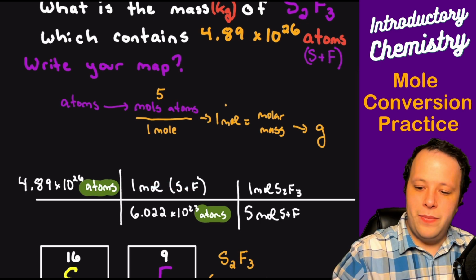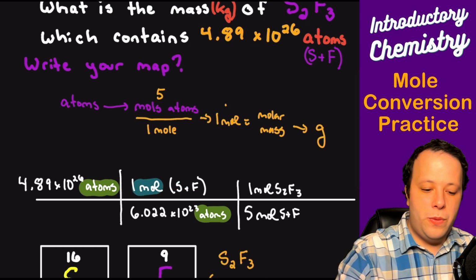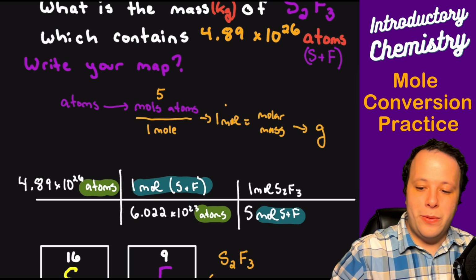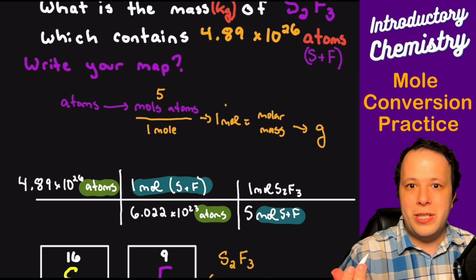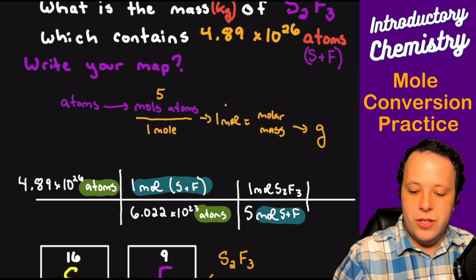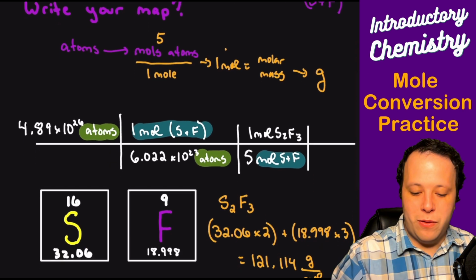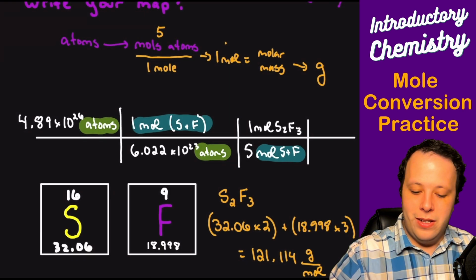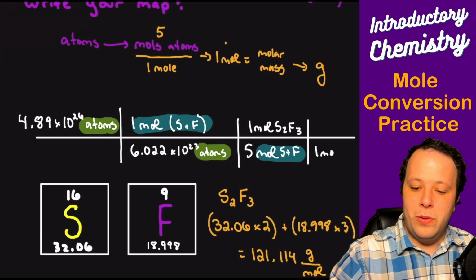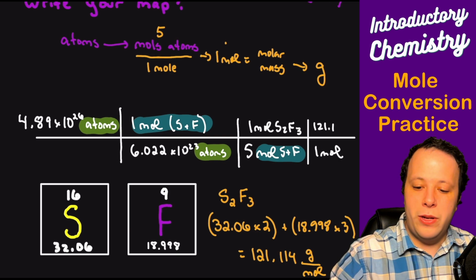So afterwards, what we will then do is use the molar mass that we got to convert moles of S2F6 to grams, which from before we had for every 1 mole, 121.114 grams of S2F6.